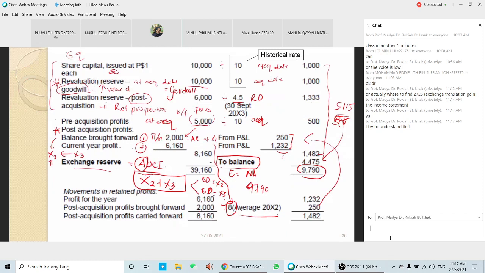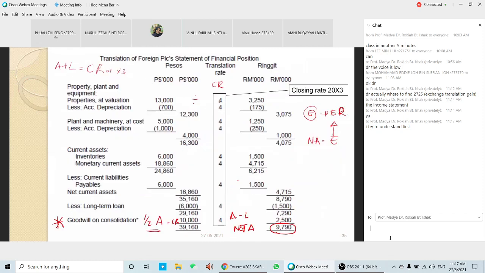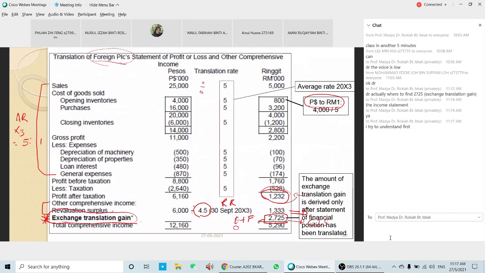Now you want to combine. This item exists in the foreign company, so once you combine with the parent, this item is going to exist in the consolidated financial statement. These figures come from here.